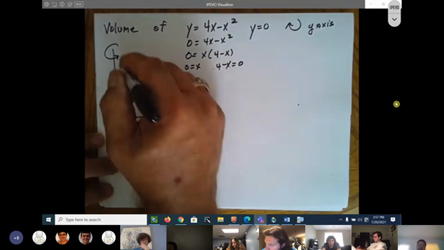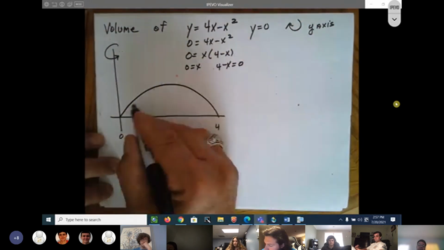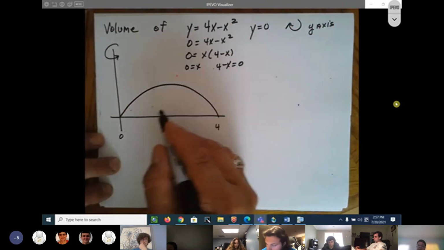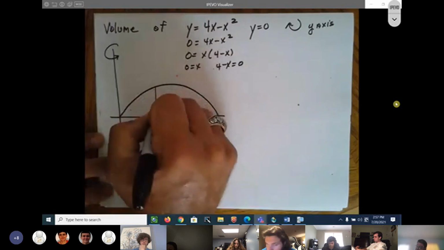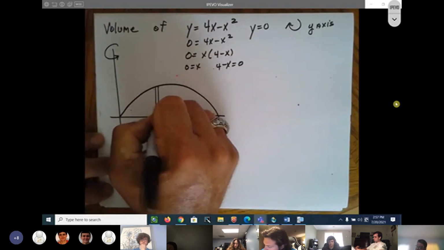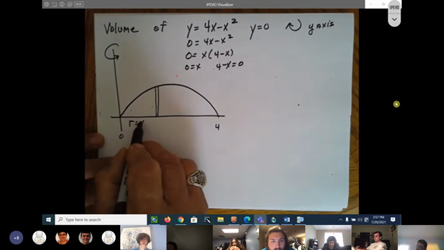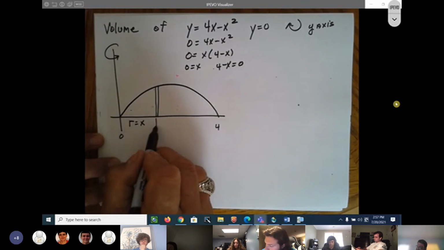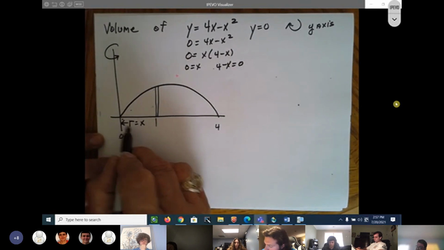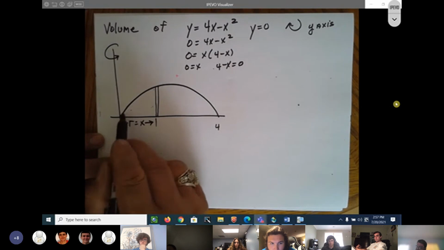So you know that it's going to be in the first quadrant. So this is the area. It's going around the y. So we know that this r is equal to x. We know that from here to here. And that's starting from 0 and it's going to 4.